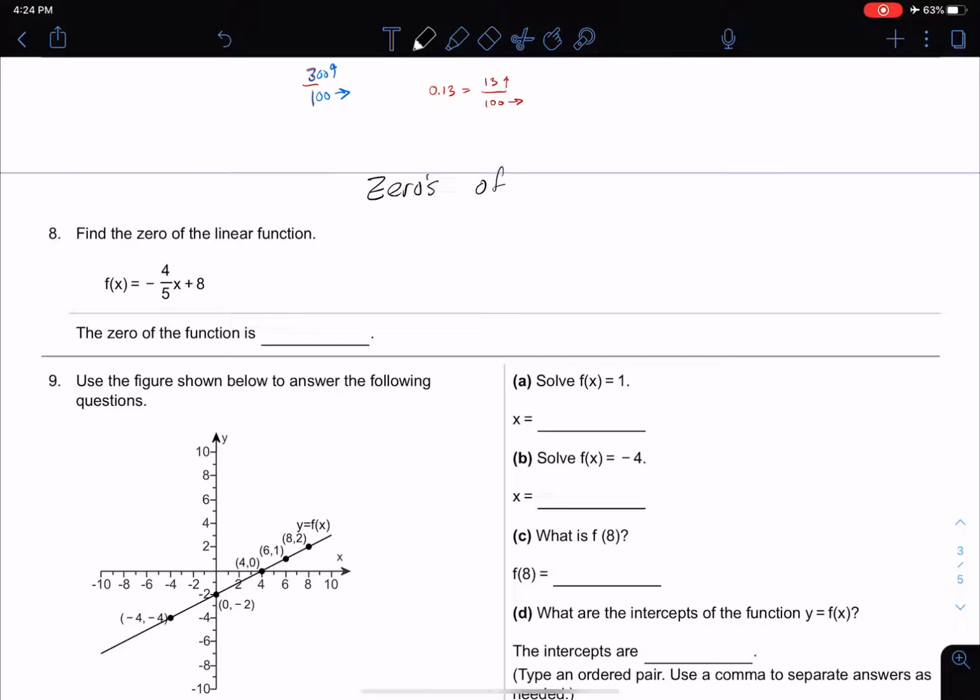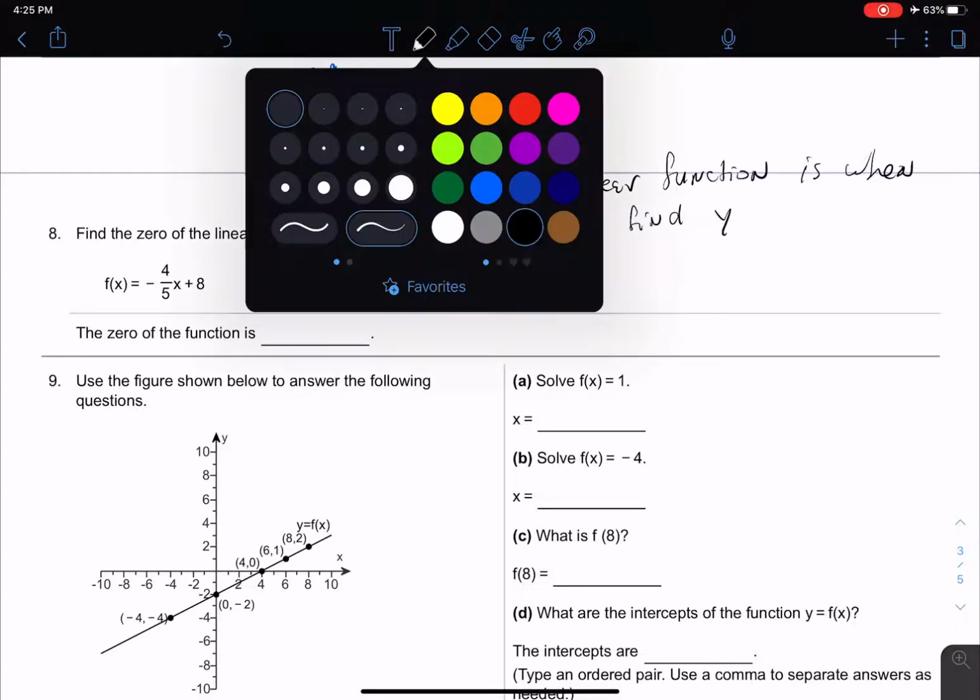Zeros of a linear function, or really any function: the zeros of any function are where f of x equals 0. Then find what x is. The pencil's too tiny now because I zoomed in.